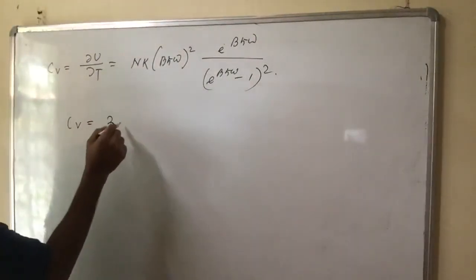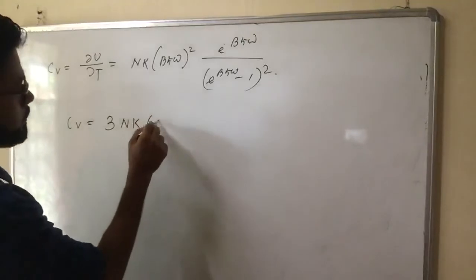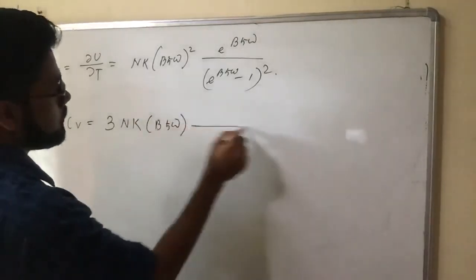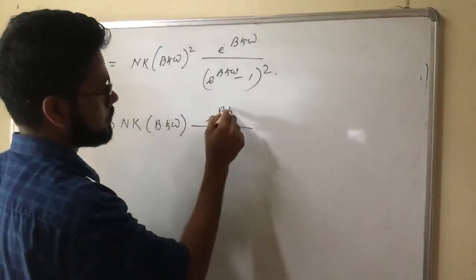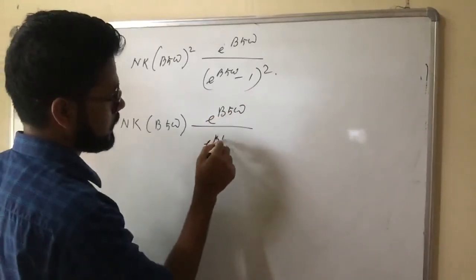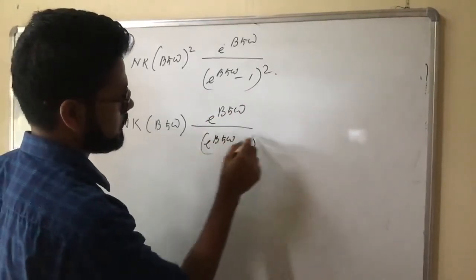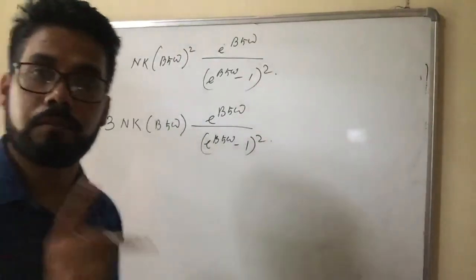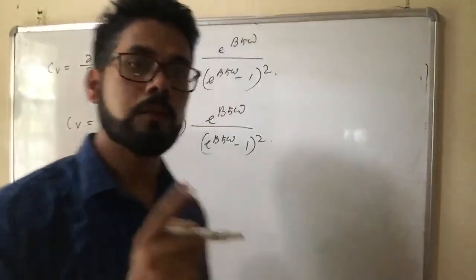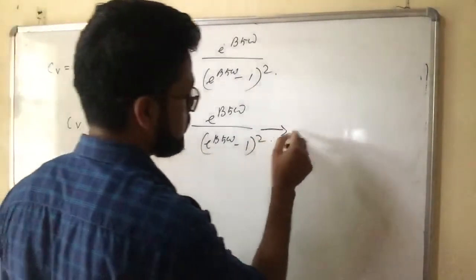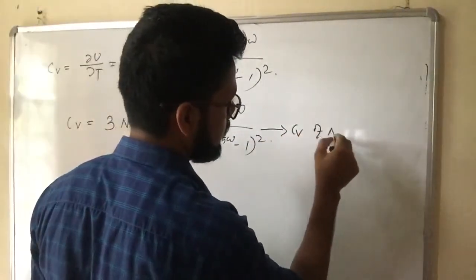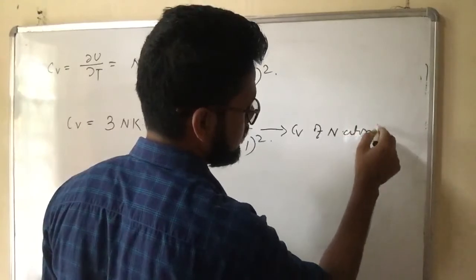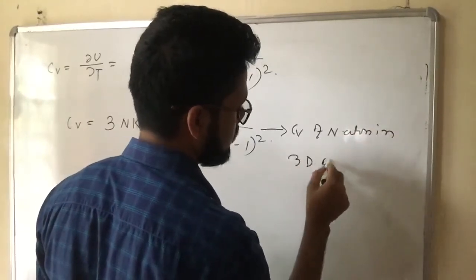Now if you multiply with T, suppose T and K, beta h cos omega squared e to the power minus beta h cos omega minus 1 squared. This is the specific heat of a three-dimensional harmonic oscillator, which is known as the specific heat of an atom in a three-dimensional crystal.